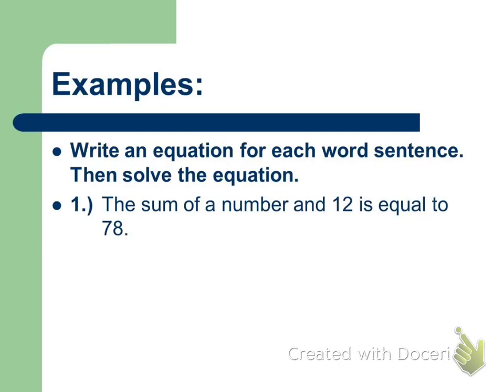The sum of a number and 12 is equal to 78. Kelby, what does the word sum mean? We're doing what operation if we're finding the sum? Addition. Okay, so we know we're adding two things together.